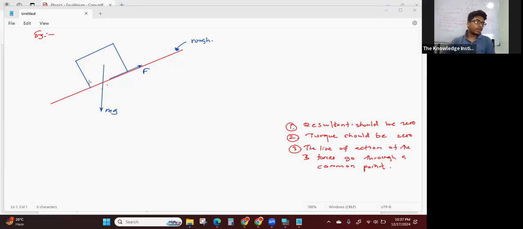Tell me, if I draw the normal reaction force like this, is it correct? My drawing, is it correct? Yes or no? Quickly, each of you should drop a message in the chat box.